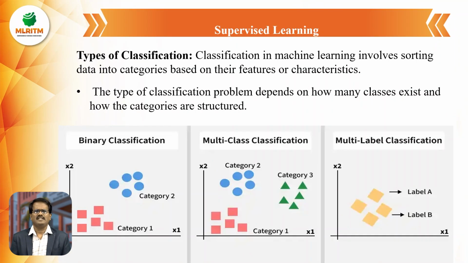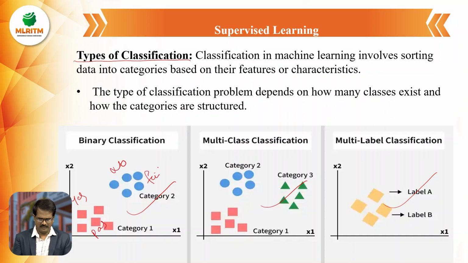What are the different types of classifications we do have? There are multiple types of classifications: binary classification, multi-class classification, multi-label classification. Binary classification is nothing but whenever the data set contains only two types of categories, like yes or no, pass, fail, spam, not spam.